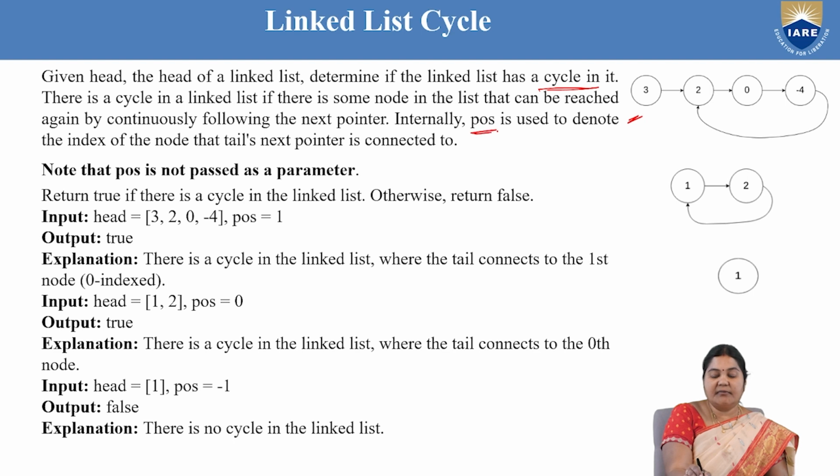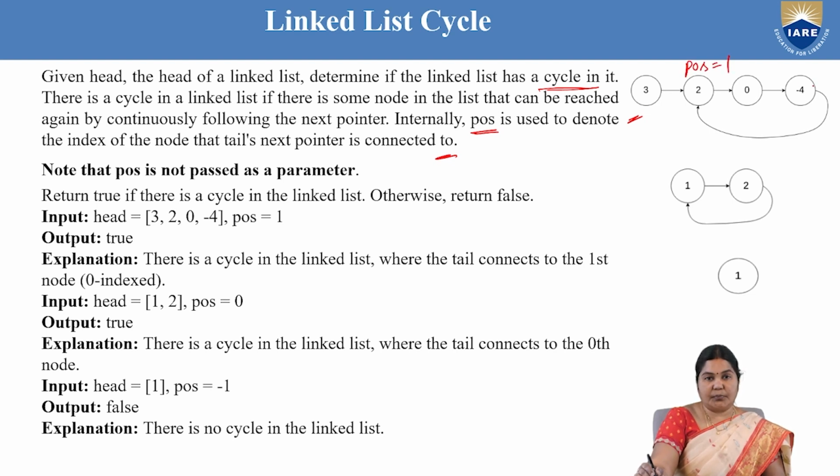Now, here the variable position is used internally to denote the index of the node that the tail's next pointer is connected to. So, here position is equal to 1, that means the tail node's next pointer is pointing to this particular node. But there is a note given here that position is not passed as a parameter.